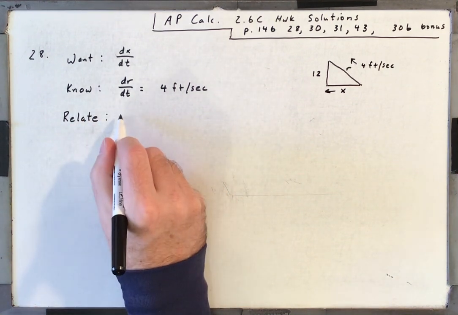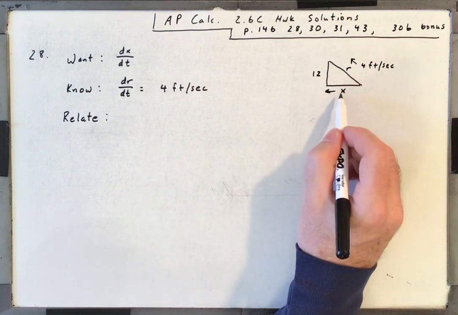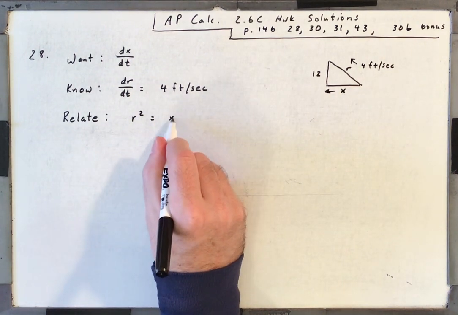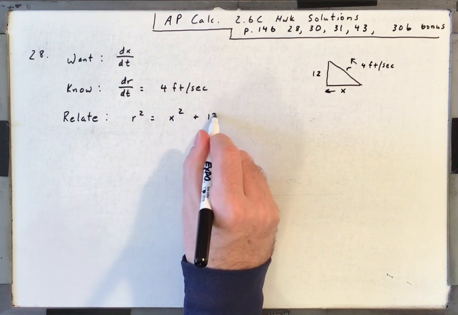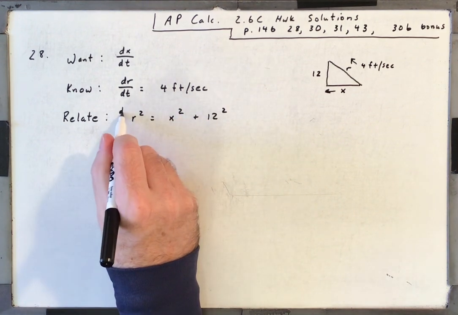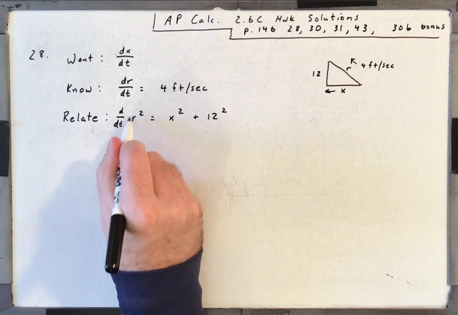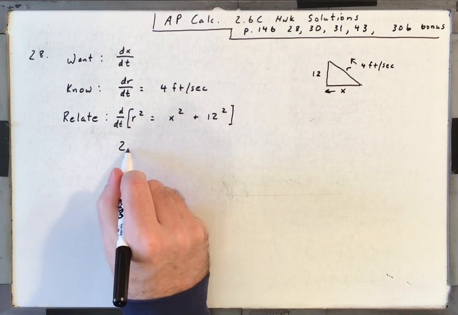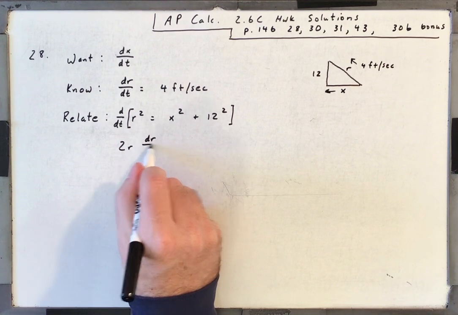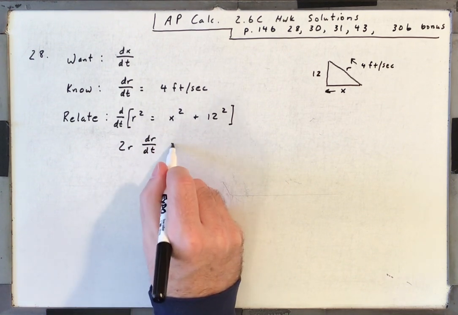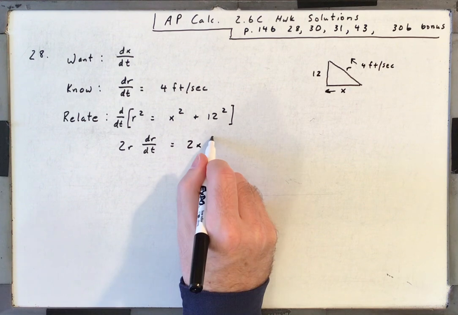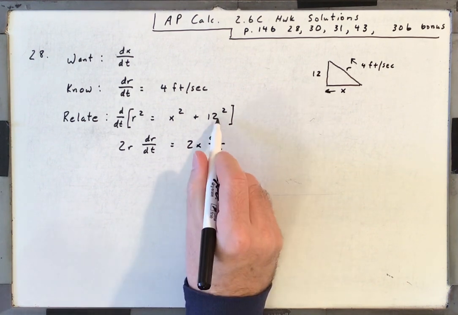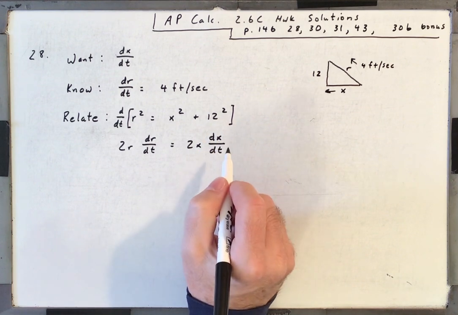All right, and we're going to relate, this is a right triangle, so I would have r squared is equal to x squared plus 12 squared. And I'm going to differentiate that with respect to t, so we'd have 2r dr dt is equal to 2x dx dt, and the constant, the derivative is 0.